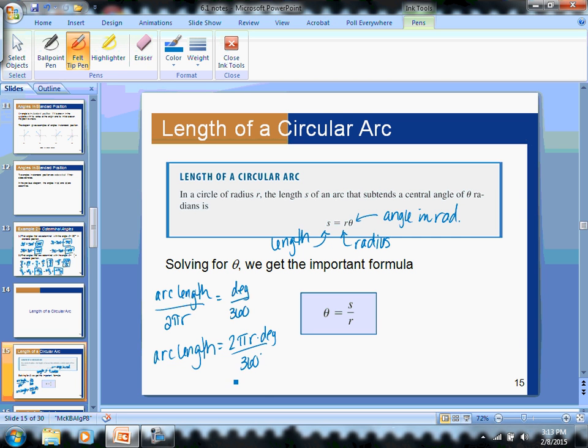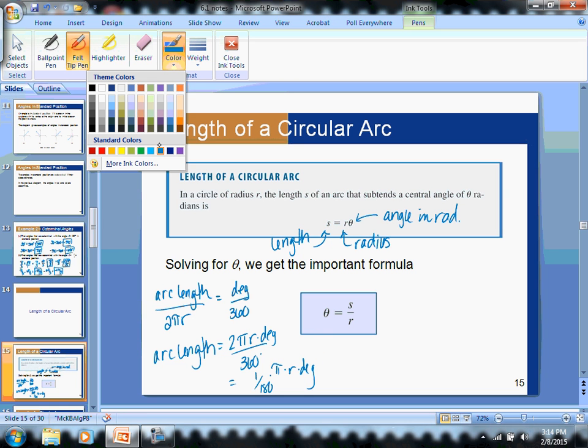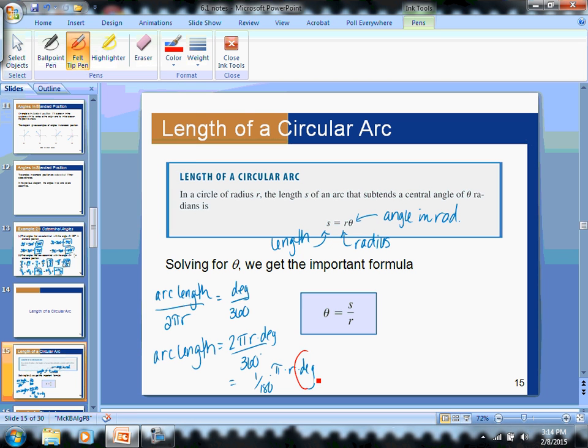Now, the 2 over 360 reduces down to 1 over 180. And then you have pi, and then your radius, and then your degrees. Now, if you look at this, pi over 180 converts it into radians. So if you have a degree measurement that you're trying to convert to radians, you're going to multiply it by pi over 180.